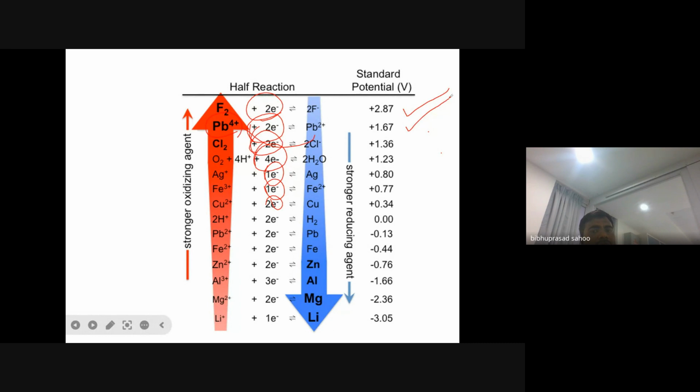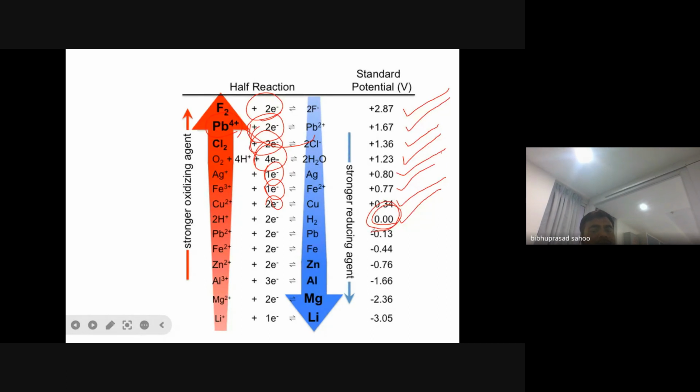Chlorine to 2Cl minus is 1.36. Oxygen to water is positive 1.23. Silver plus to silver is 0.80. Fe3 plus to Fe2 plus is positive 0.77. Copper 2 plus to copper is positive 0.34. Hydrogen, 2H plus to H2, gives 0. This is very important.